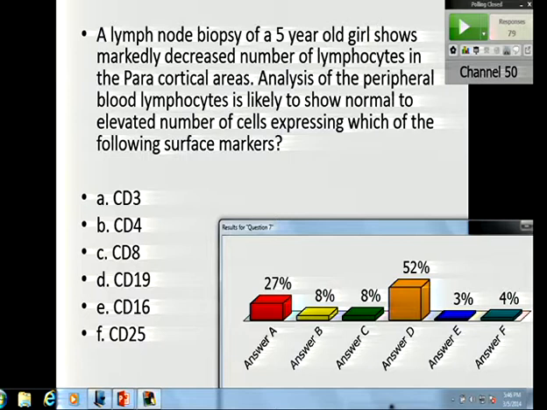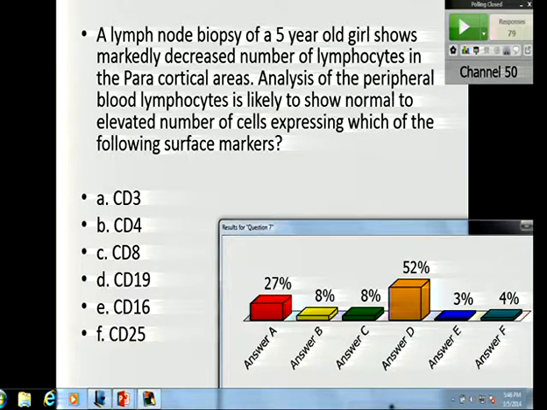They ask the question exactly like this, so don't get caught. Here they're asking you about the normal cells, but they're just twisting it. Peripheral blood will have normal to elevated B lymphocytes, but not much T lymphocytes, because the problem is in the paracortex. This is just to test whether you know which cells populate where.